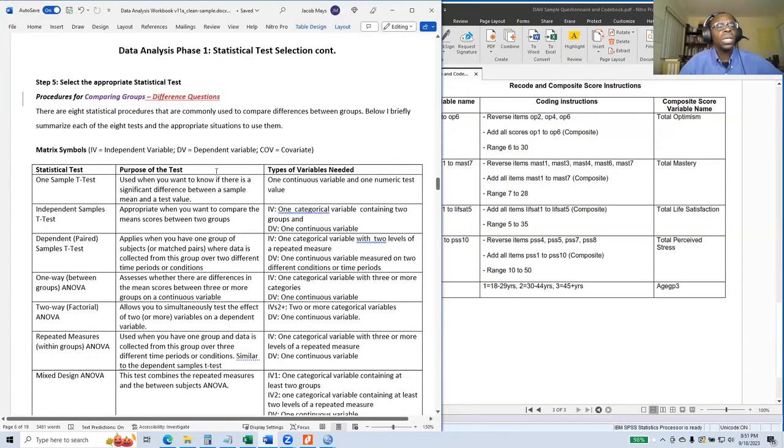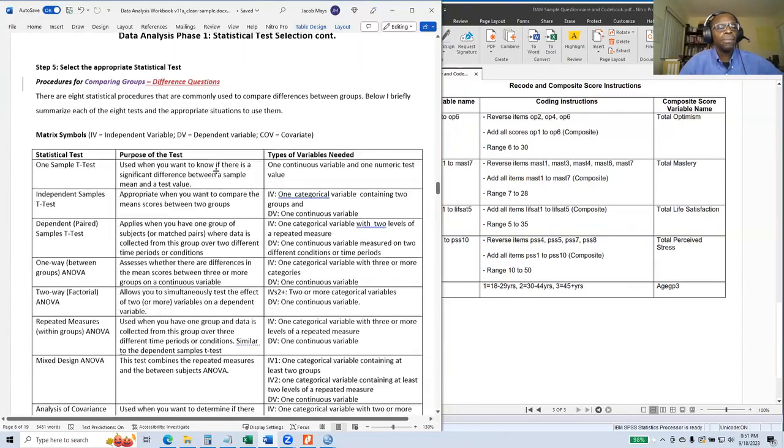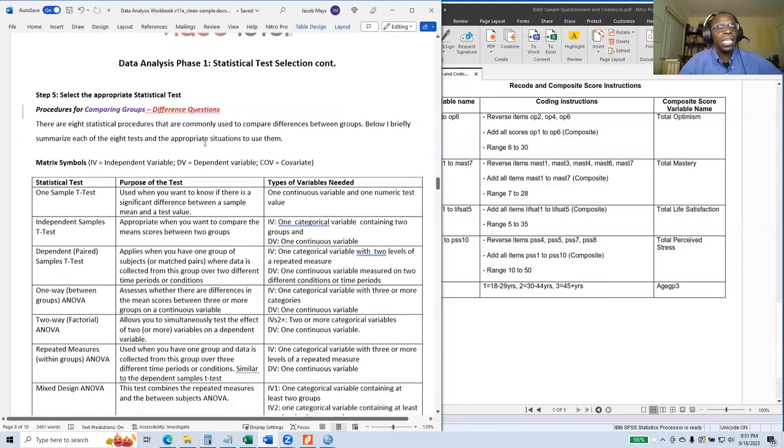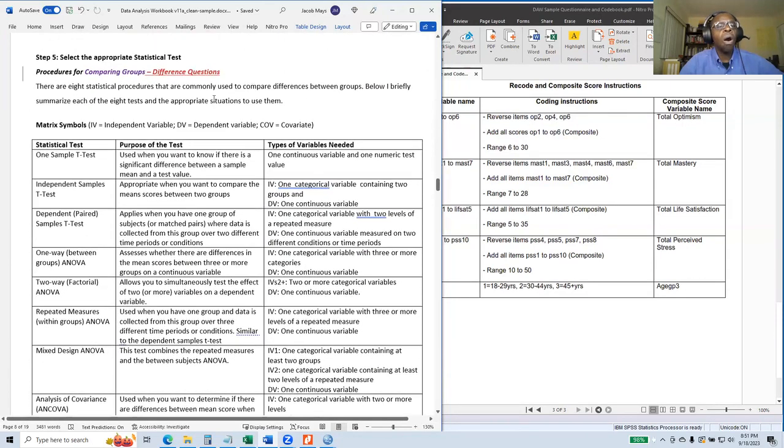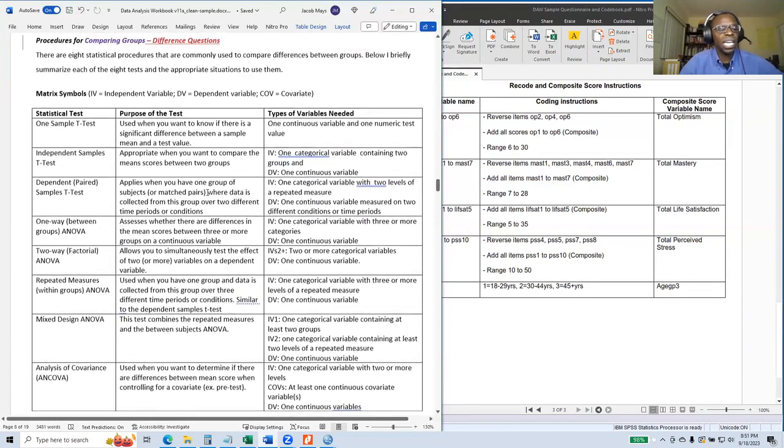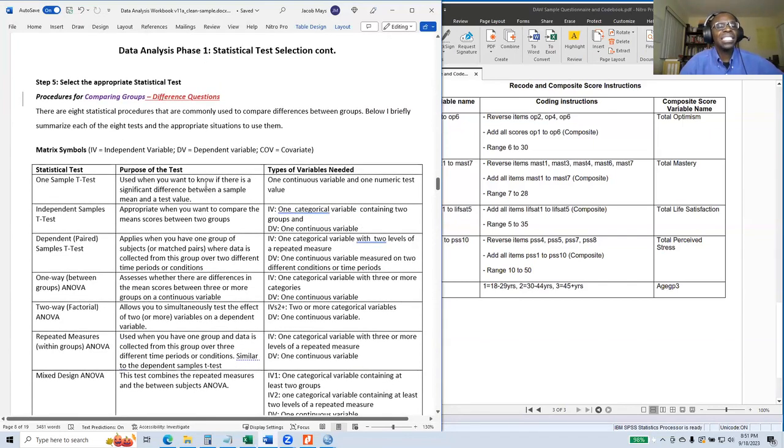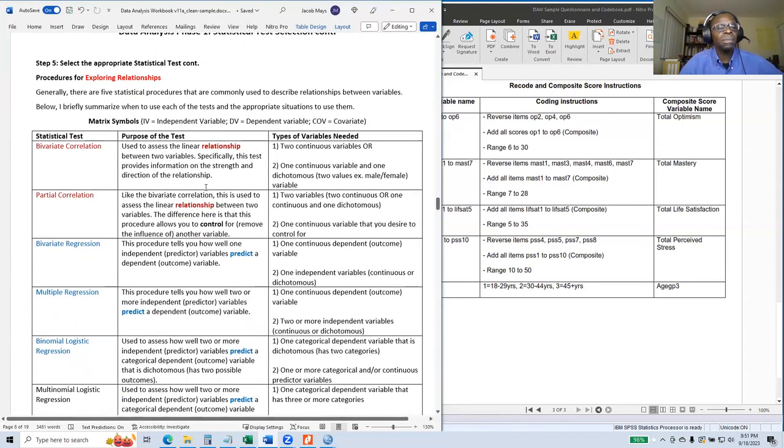So we go to, so this page has all the tests or the majority of tests that we use to assess differences. The next page has the tests that we use to explore relationships. Okay? So what we do is we do process of elimination.